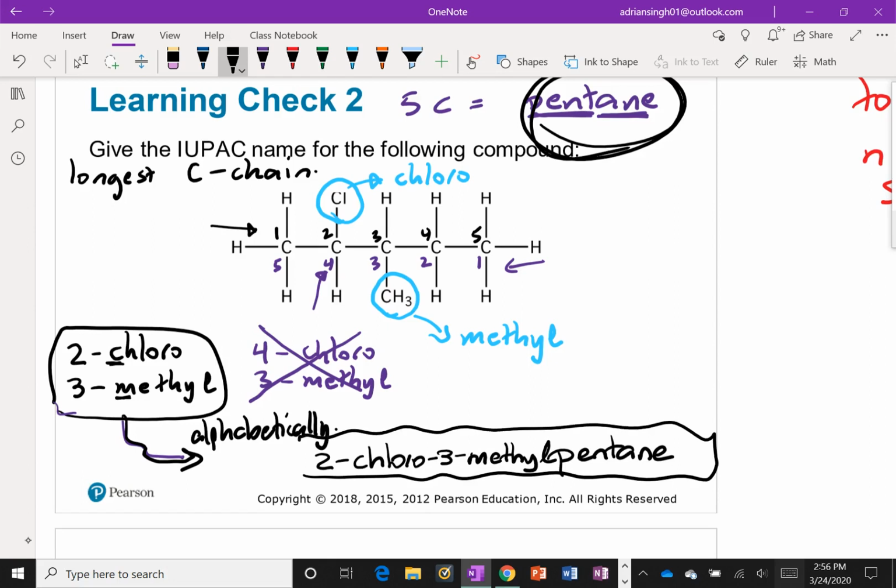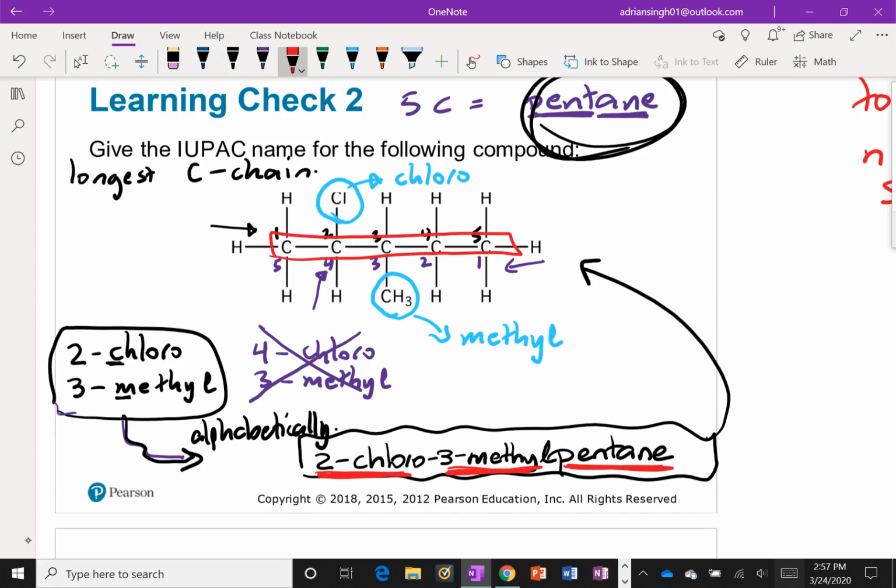And that's your IUPAC or your systematic name for this compound, right? When you name it systematically, it should tell you exactly what is present in the compound. So this is telling us that we have a 5-carbon chain, we have a chlorine on carbon number 2, and we have a methyl on carbon number 3. And that's exactly what we have.